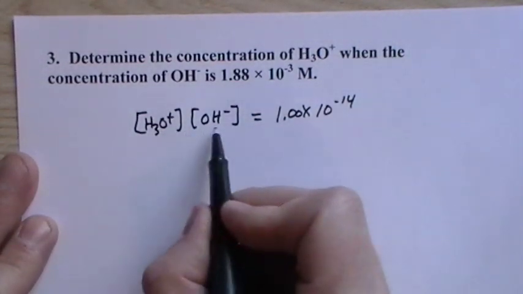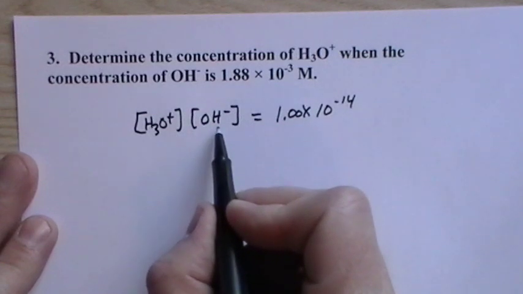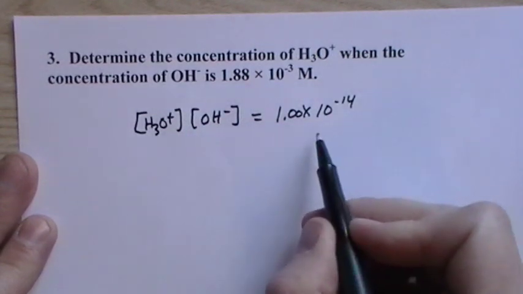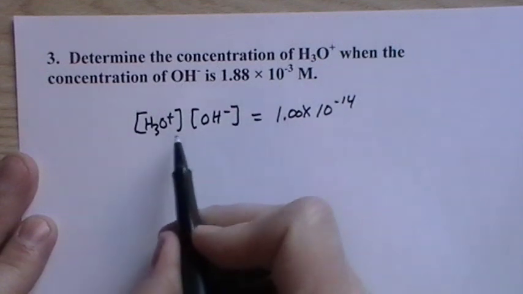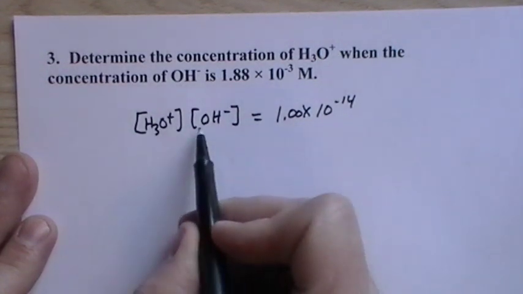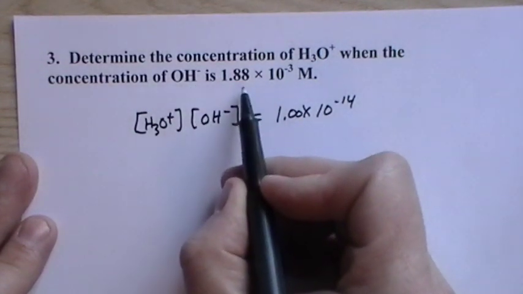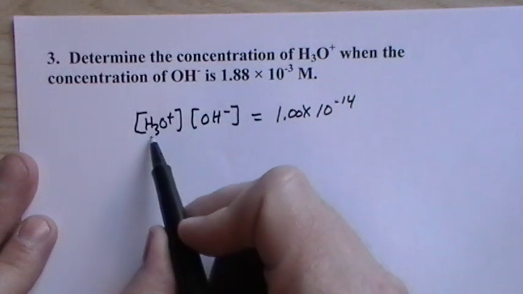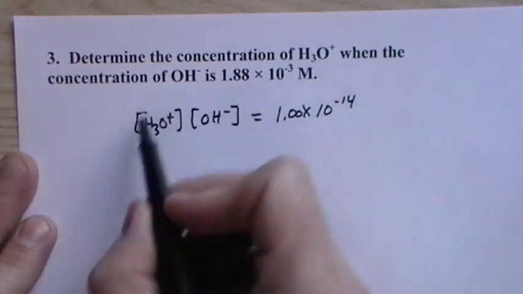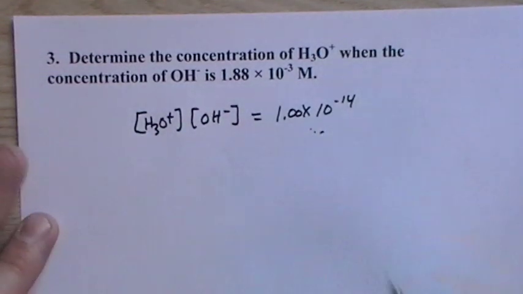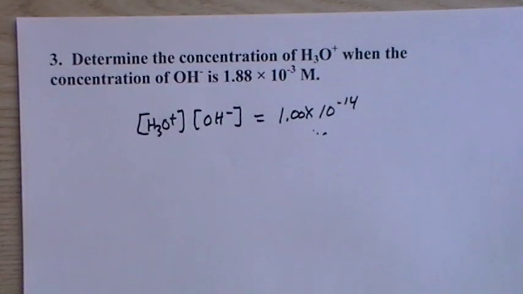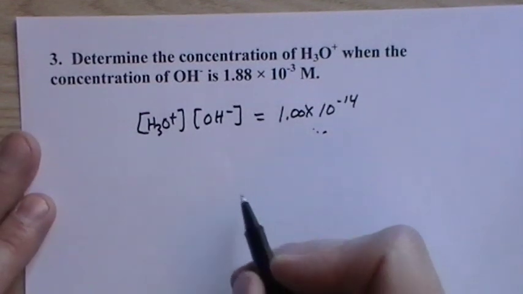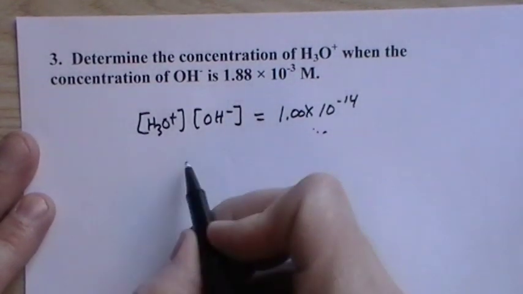If it's pure water, then it's very simple. These are each 10 to the minus 7 molar. But if you put any acid or base in there, it's going to adjust these species. So we've added in 1.88 times 10 to the minus 3 molar OH minus. That means we're going to have a drop in H3O plus so that the product will still equal this. That's the purpose of having this expression, because if we know one concentration, we can always find the other.